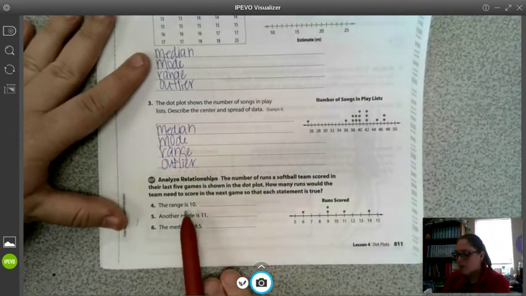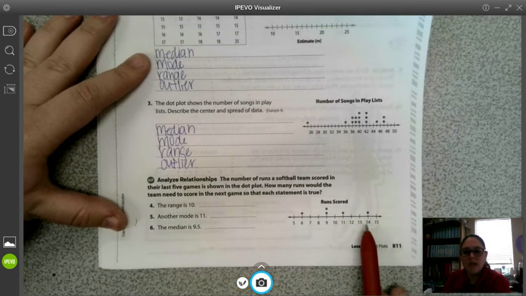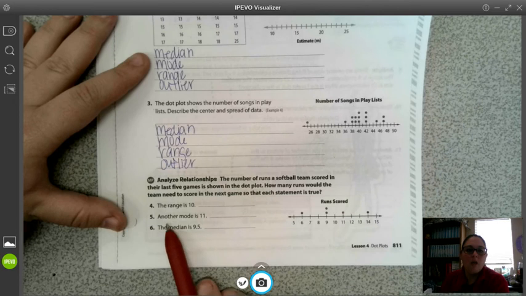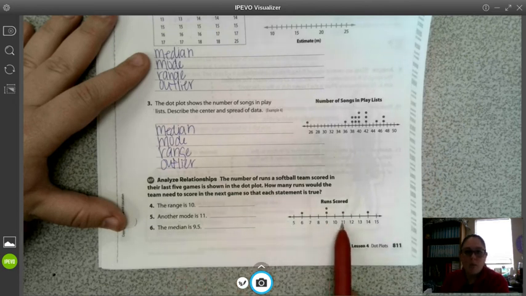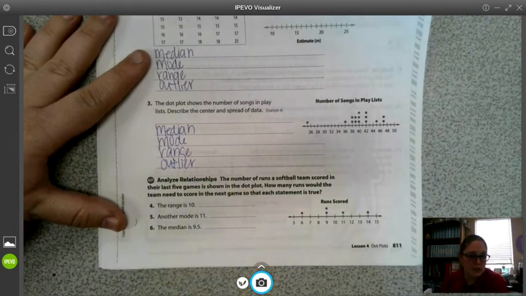So if I want my range to be 10, right now I've got 14 take away 6. That's not 10. Another, the mode is 11. So if I want my mode to be 11, how many do I need there? The median is 9.5.